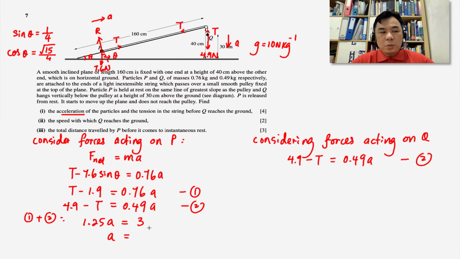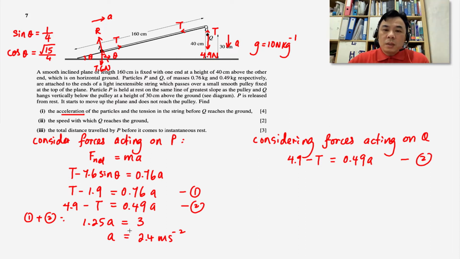I think it's 0.12 in this case. Oh, okay, I'm wrong. After I check my calculator, it's supposed to be 2.4 meter per second square. You can also check with your own calculator and verify that the acceleration is 2.4 meter per second square. And there you go, that's the first part, acceleration.